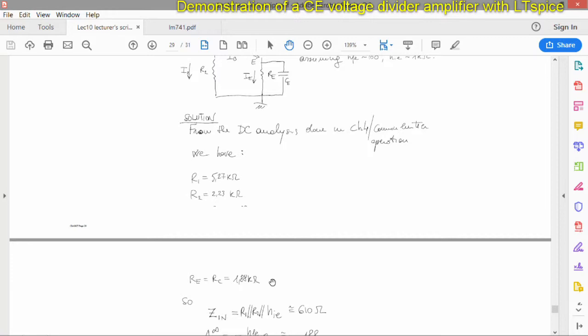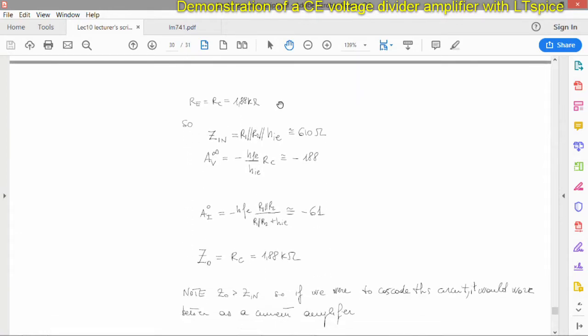So if we now take this design and we use the formulas that we calculated from the AC analysis that we did last week for this specific configuration, we can calculate the 4 famous parameters: input impedance, voltage amplification, and so on. For this specific application, the input impedance would be, with the values on top, 600 ohm, which is not a lot.